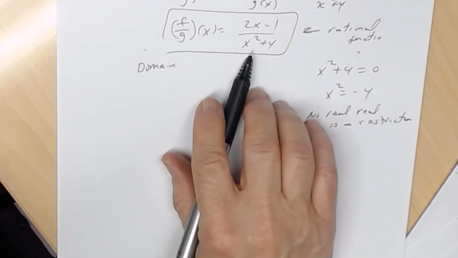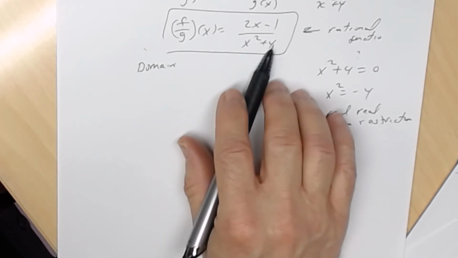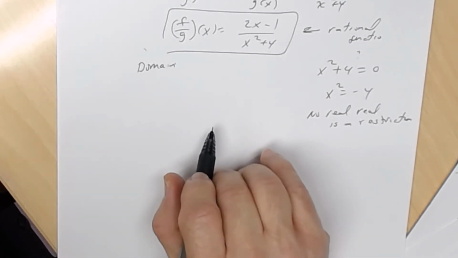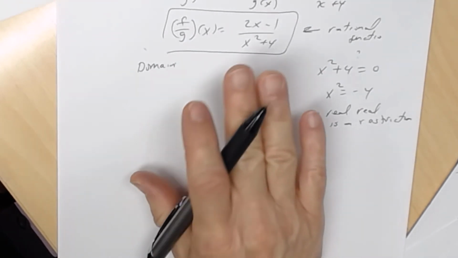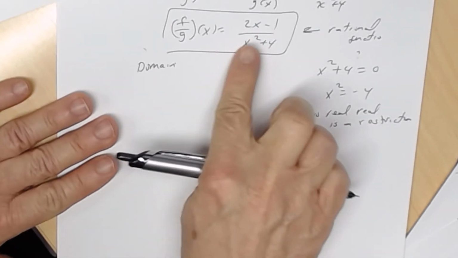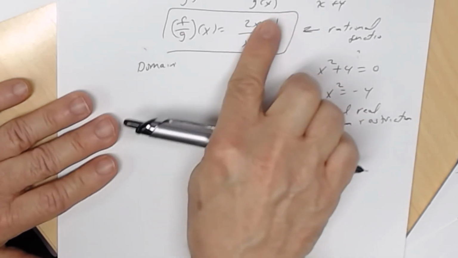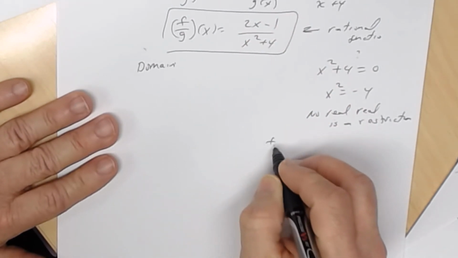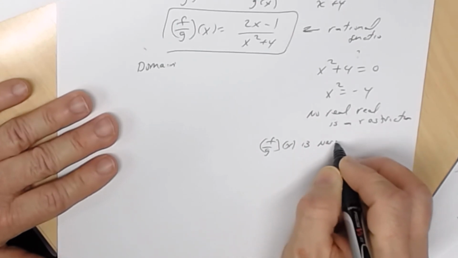No matter what real number I use, I'll never get 0 down here. So remember we said the domain of a rational function is all real numbers except what makes it undefined. Is this function ever undefined? f divided by g at x is never undefined.